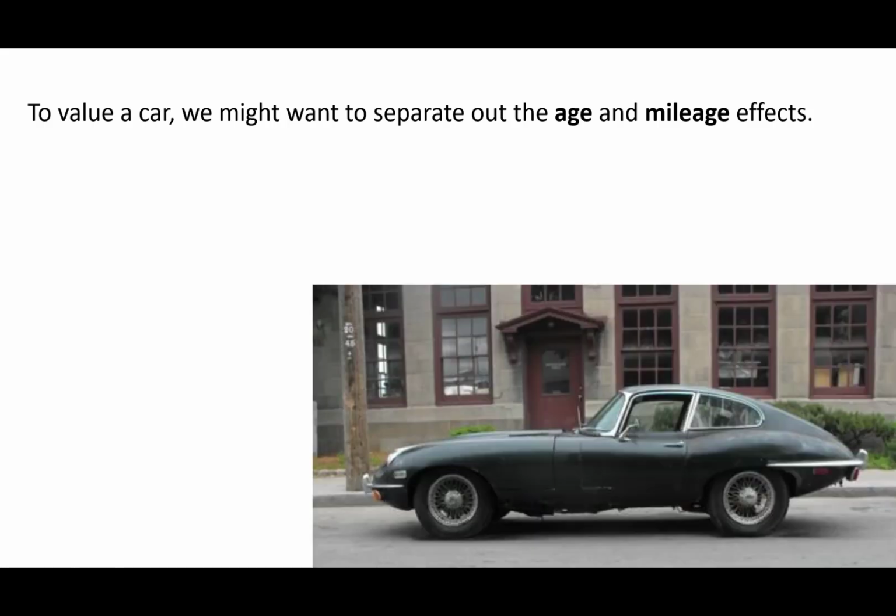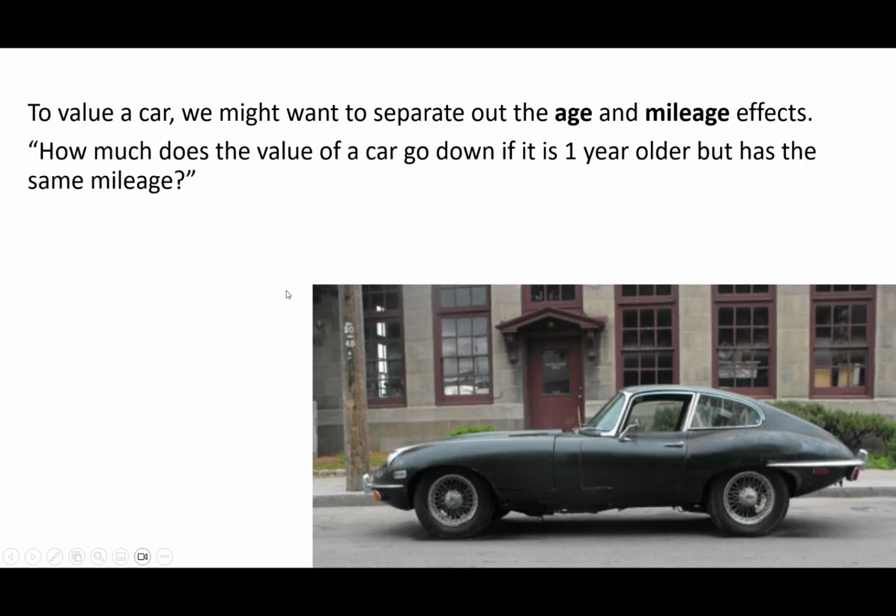All right, so, for example, if you were trying to value a car, an oldie like this, and you say, what's that car worth? An old Jag like that. Well, how much does the value of the car go down if it's 1 year older, but it has the same mileage?